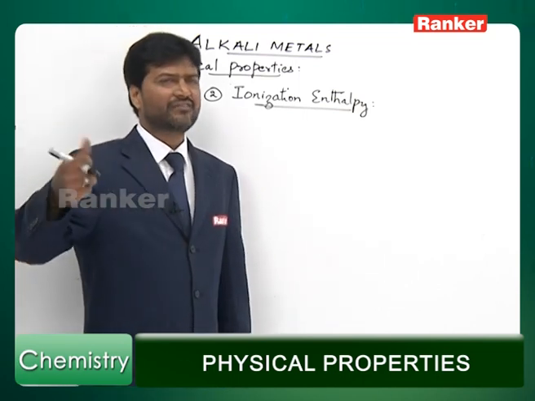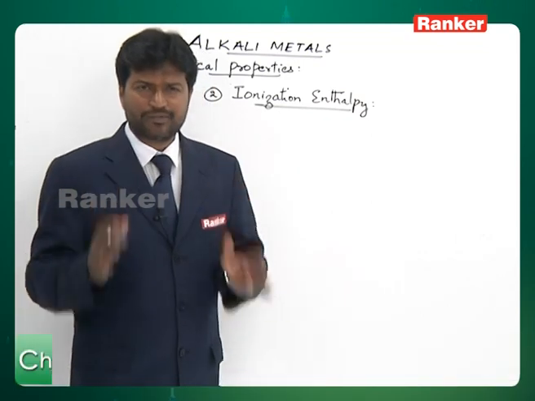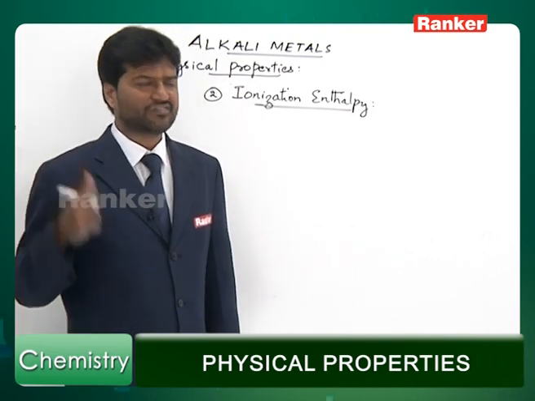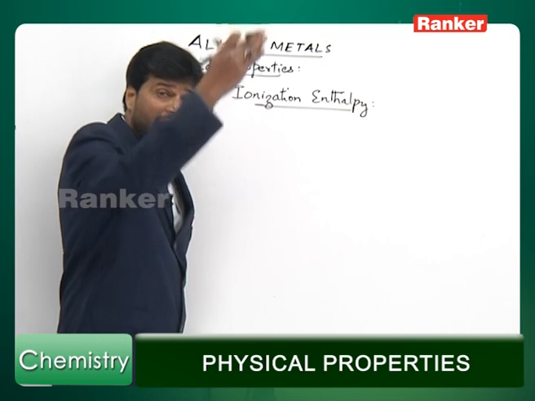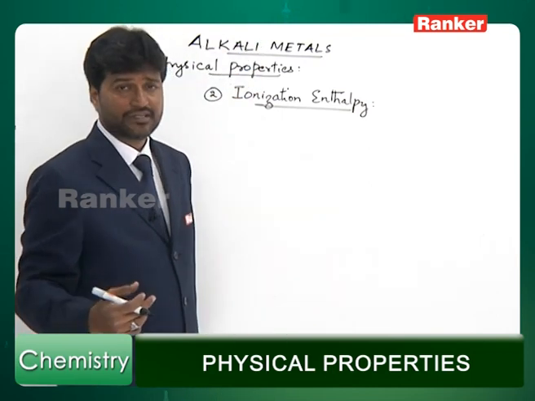You know, noble gases have highest ionization enthalpy in their corresponding periods. If you consider the second period, lithium has the lowest value and neon has the highest value of ionization enthalpy. And as you go down the group, due to increase in size, ionization enthalpy decreases.